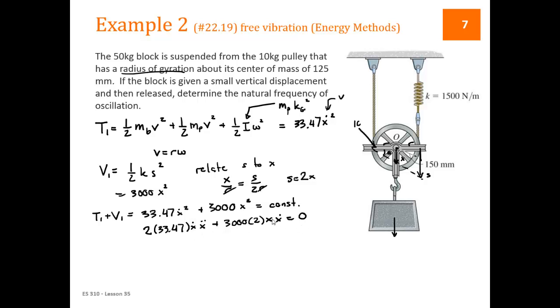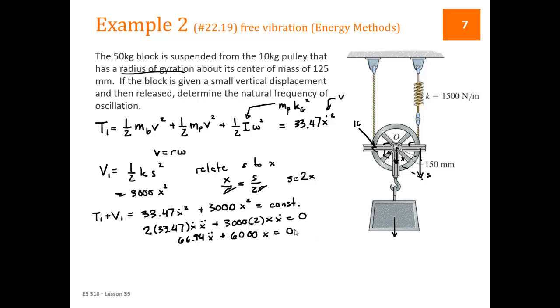There's an x dot term in each term. We can factor those out and cancel them because we're equal to 0, and we're left with 66.94 x double dot, which is 2 times 33.47, plus 6000 x is equal to 0.